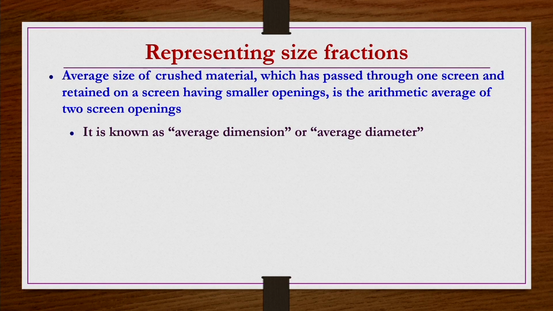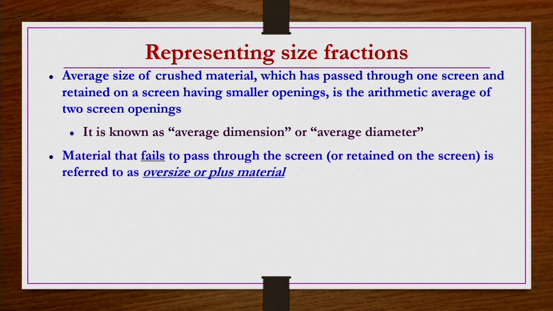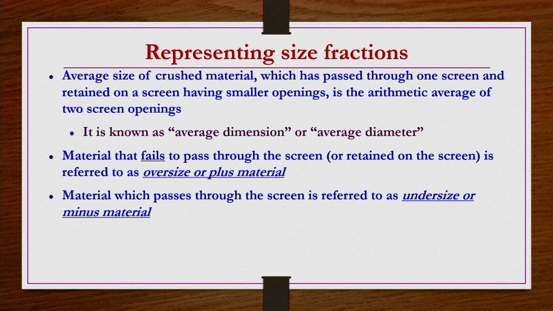Different terminologies have been used for this kind of representation. Then material that fails to pass through the screen, or is retained on the screen, is referred to as oversize or plus material. Similarly, material that passes through the screen is referred to as undersize or minus material.